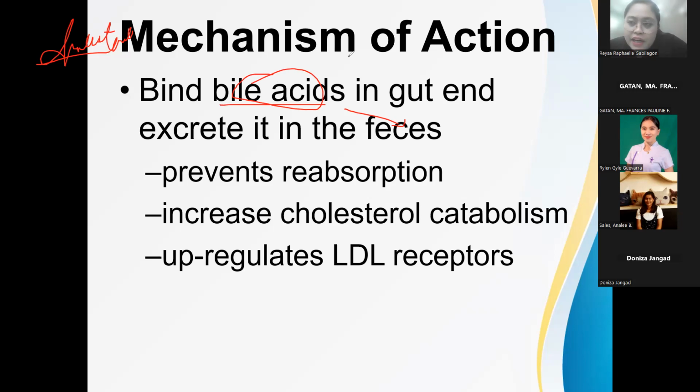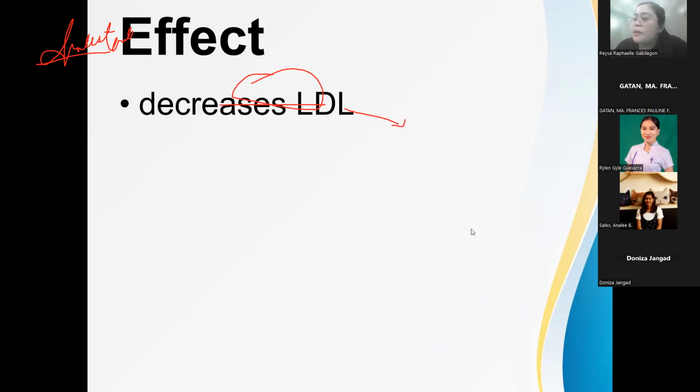So again, yung cholesterol mabe-breakdown, gagawin siyang bile acid. Hindi na ma-reabsorb yung mga cholesterol, yung bile may excrete na. So definitely magbababa yung cholesterol overall in the body, and yung mga LDL receptors mag-upregulate, hindi na mag-produce ng maraming cholesterol. So ang ending talaga bababa yung LDL.